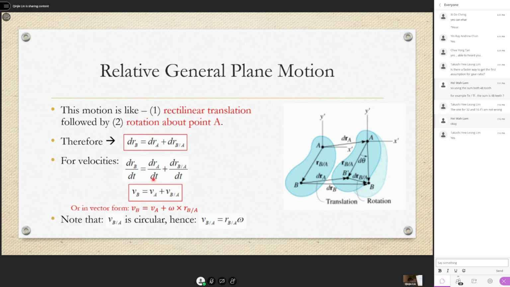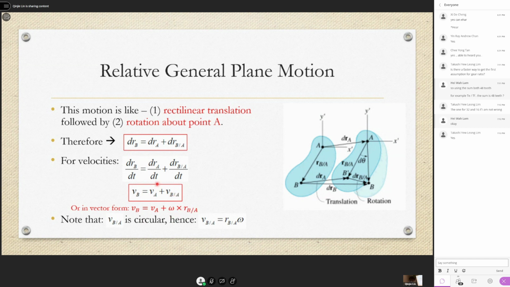So it's the same equation. This is our relative velocity. Or in vector form, it will be similar, but this VBA you can change to omega cross RBA.